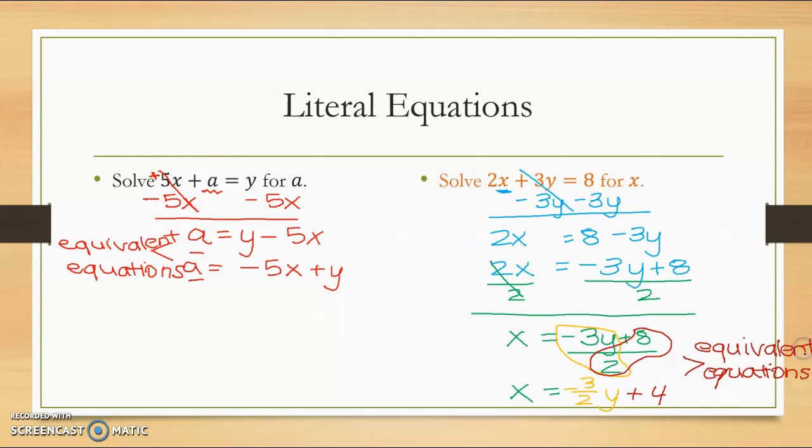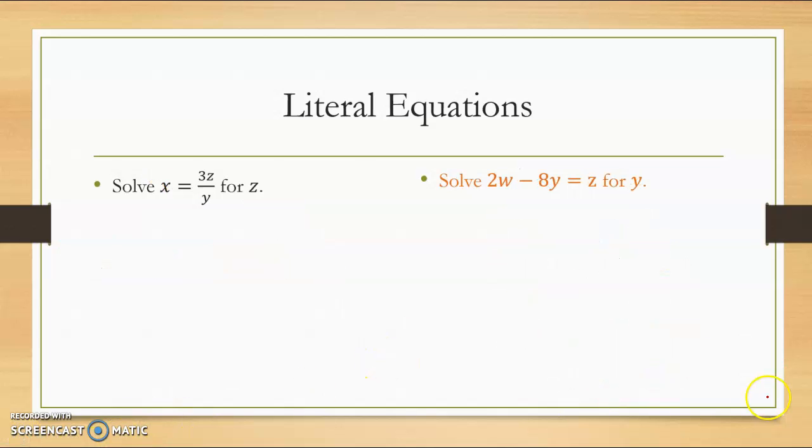All right, let's look at a few more just for good measure. So in this problem we have some division, and so we have x equals 3 times z divided by y, and we're trying to get this z by itself. So first, anytime I see a fraction, I want to get rid of it.